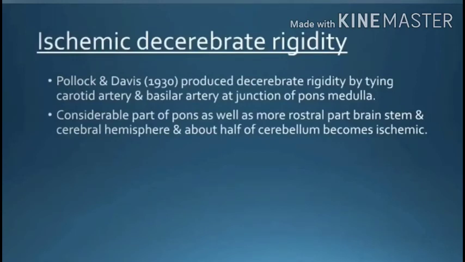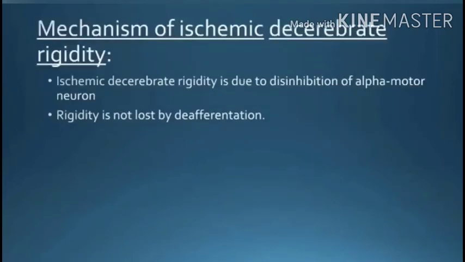Normally, this part of the cerebellum tonically keeps the Deiters nucleus inhibited, which is the vestibular nucleus. What is the function of this vestibular nucleus? It can increase alpha motor neuron discharge. But normally it is kept tonically inhibited by the cerebellum.